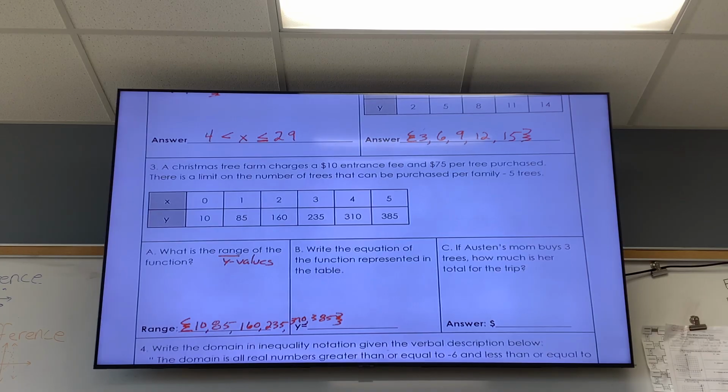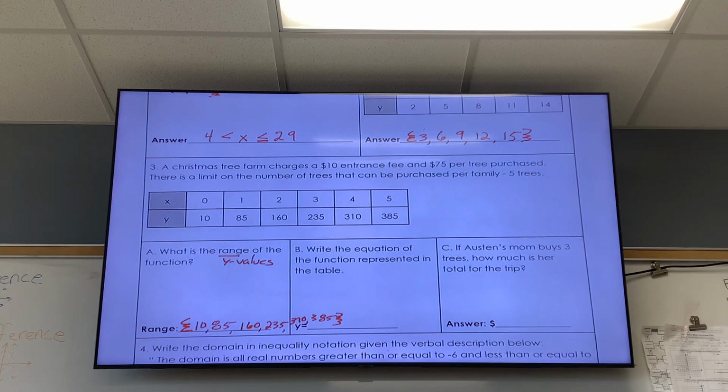Now it asks us to write the equation of the function represented in the table. For this, we need to know our y-intercept, which is our b value, and our slope.